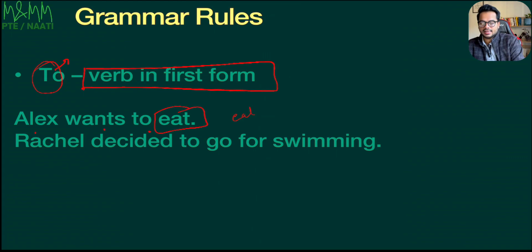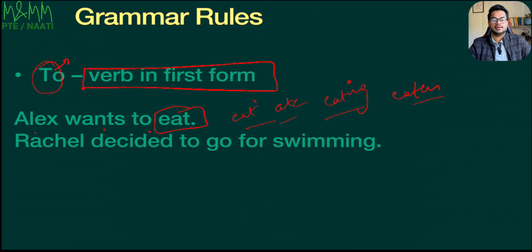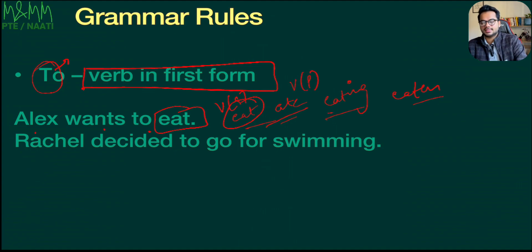If you had options like eat, ate, eating, eaten, all different types of words, you know the grammar rule that after the word "to" it has to be a verb in the first form. So eat is the verb in simple form. Ate is the verb in past tense. Eating is present continuous because it ends with -ing, and eaten is perfect tense.